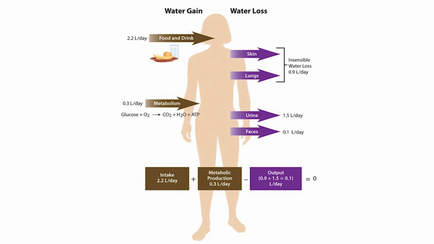For the loss, you usually have insensible and sensible losses from the skin, lungs, urine, and feces. This will greatly affect the amount of water in your body, so gain and loss have to be balanced.